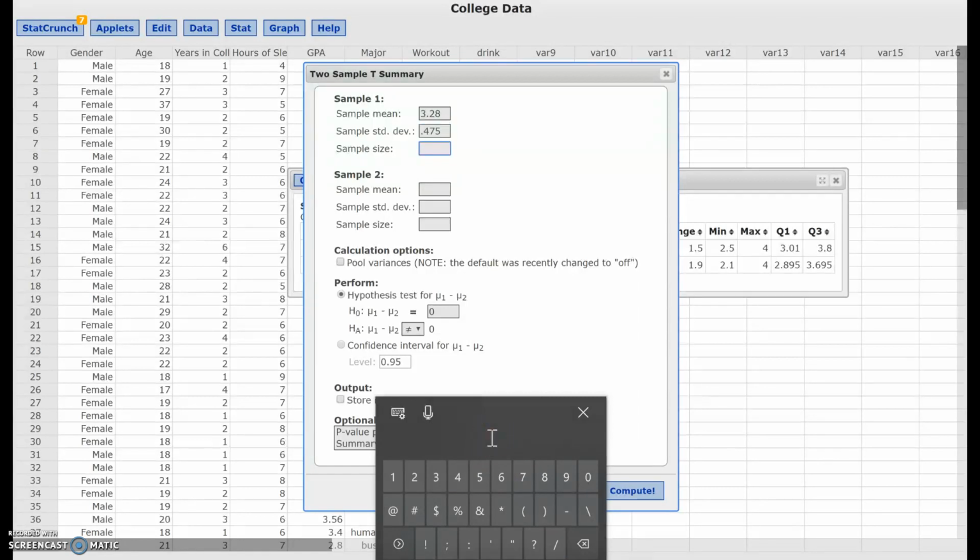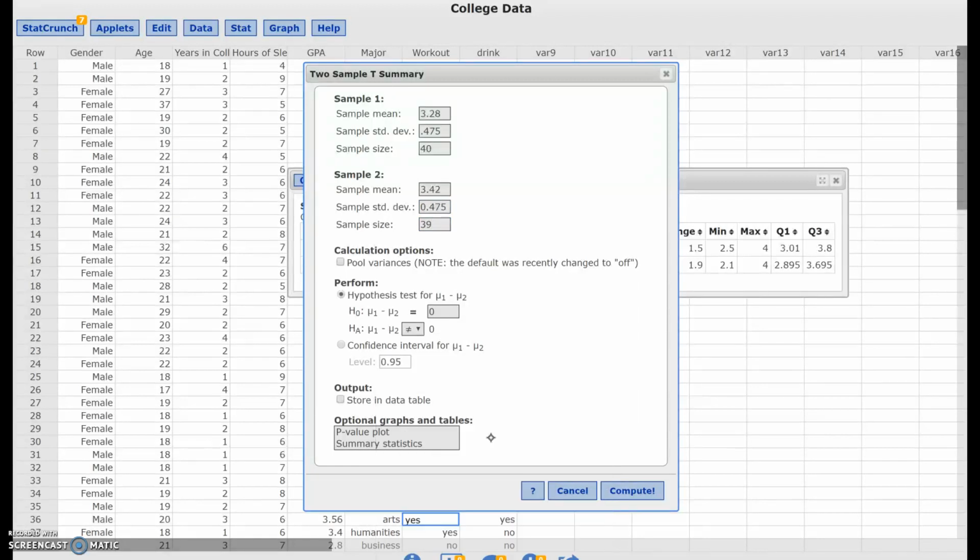And we have a sample size of 40. That's for the males. Now sample number 2 is going to be females: GPA of 3.42, a sample standard deviation of 0.475, and the sample size in this case is going to be 39. So that's what we have.